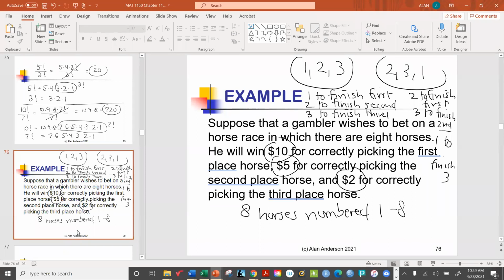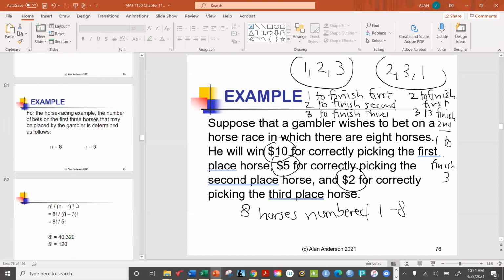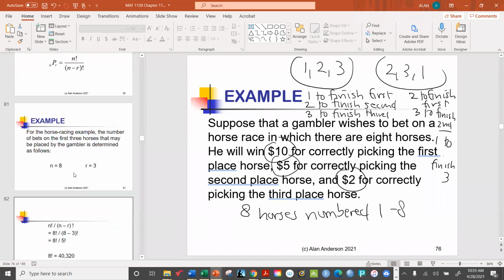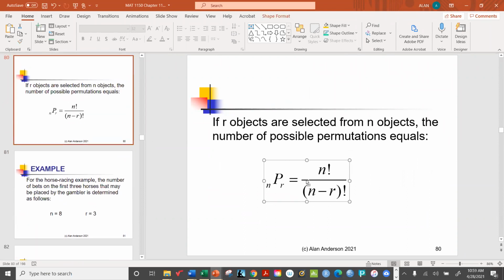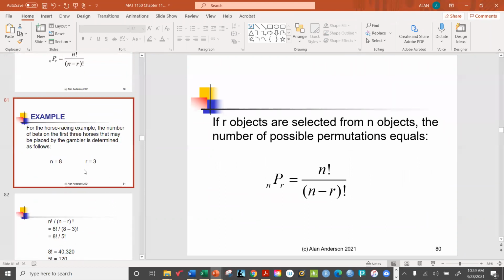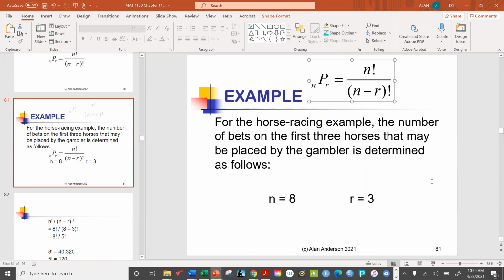So the question is, how many different bets can I place on this race? So that means that N is 8. I've got 8 horses to choose from, and 3 is the number that I'm going to pick for my ticket. And this is the formula. So your challenge right now is to use this formula to come up with the correct number of bets that I can place on this horse race.